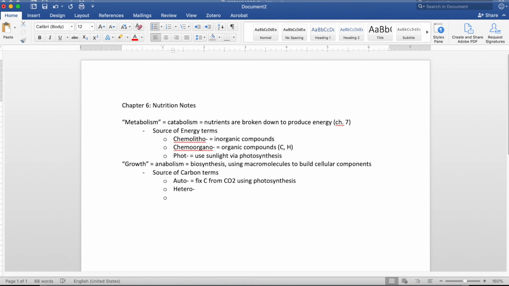Right, fix means they take it from that gaseous form and put it into a chemical form. Everyone realizes or remembers from general biology that photosynthesis uses carbon dioxide and sunlight and water to make glucose, which is C6H12O6, and glucose is then stored as cellulose in the plants, which is plant biomass. Hetero means they use other organic compounds.